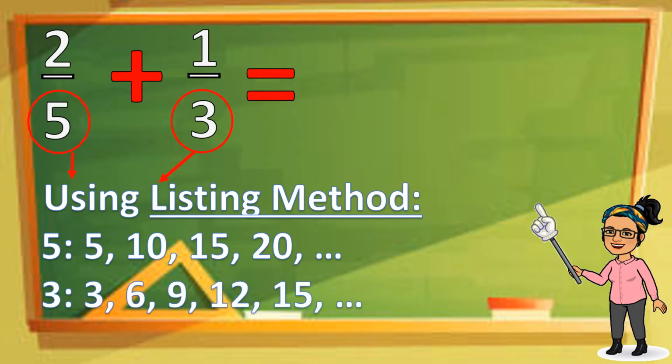Multiples of 3, we have 3, 6, 9, 12, 15, and so on. I could stop at 15. Why? Because 15 as a multiple of 3 can already be found in the list of multiples of 5. Okay? So meaning the least common multiple of 5 and 3 is 15.